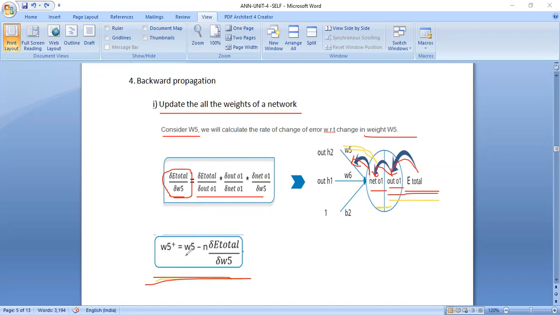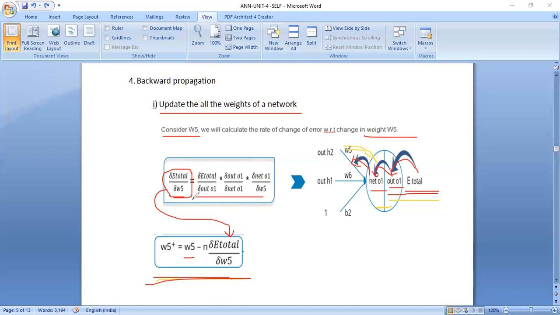W5 plus, the updated value represented using the plus symbol, is equal to the old W5 value, which we initialized in the beginning, minus eta, the learning rate, times the value we obtained from this formula, substituted here. By this we can calculate W5.